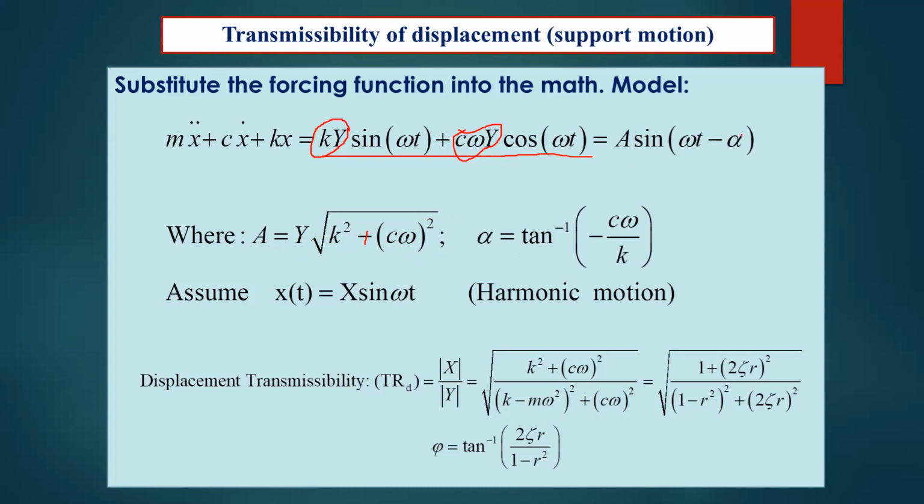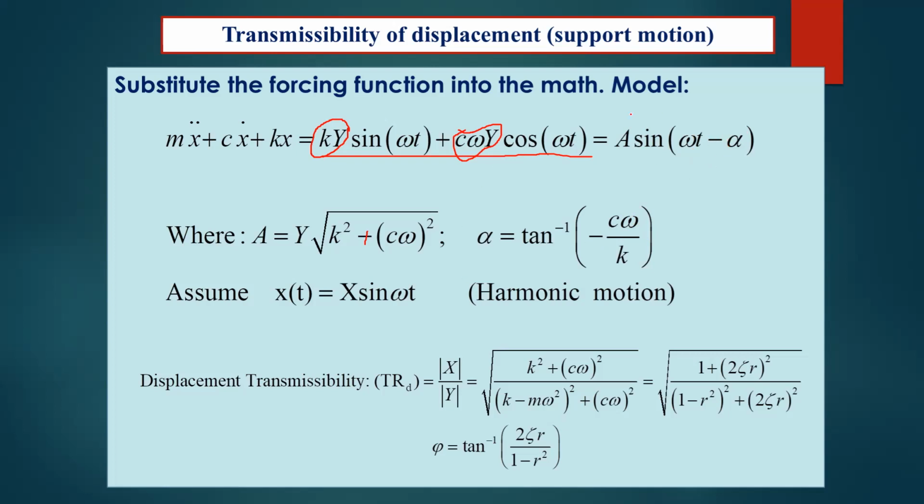And alpha is defined as tan inverse of cω over k. cωY over kY, so Y by Y cancels, leaving cω over k. Alpha is represented with a minus here, so it is minus.